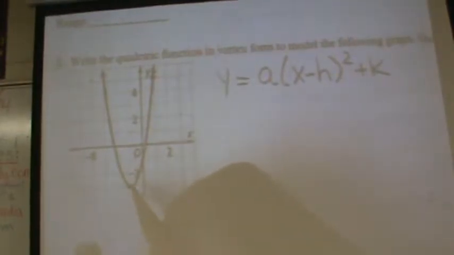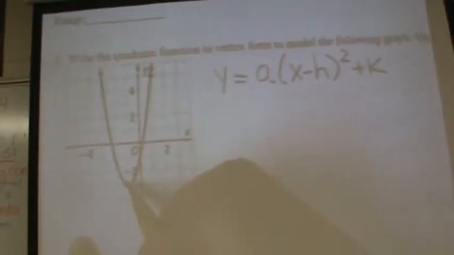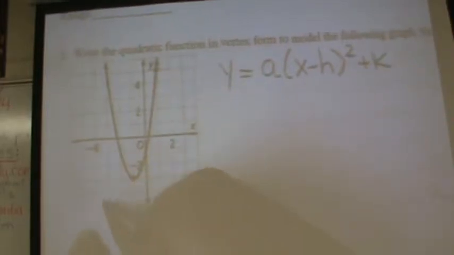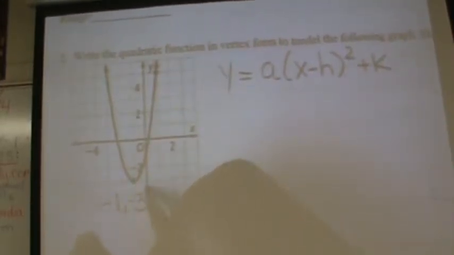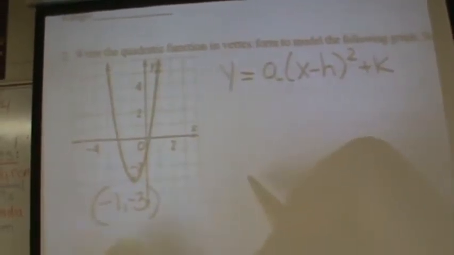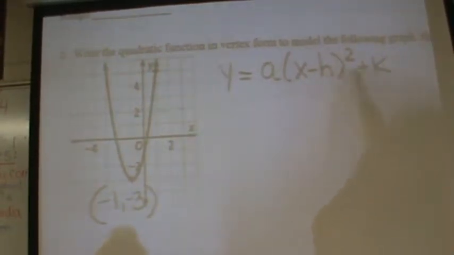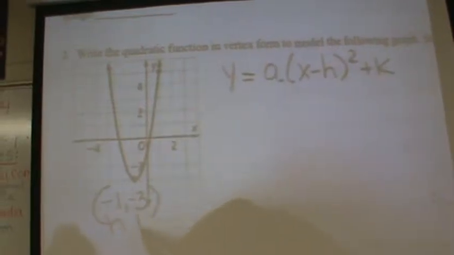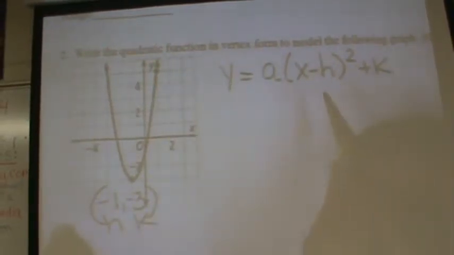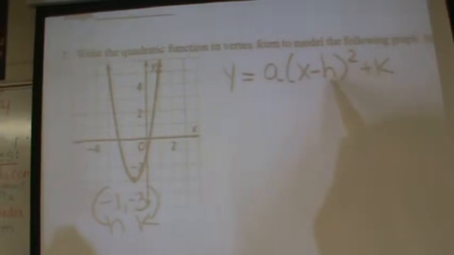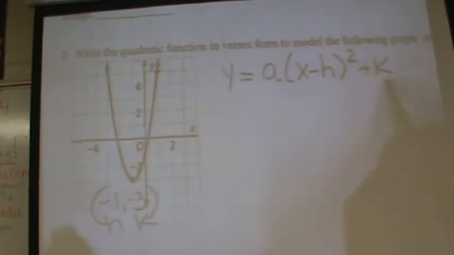I need the name of this vertex. -1, -3. Where does -1 and -3 go here? H and K. So it's the opposite. This is H and that's K. So it's going to be x plus 1 when we plug it in, and then -3, right?